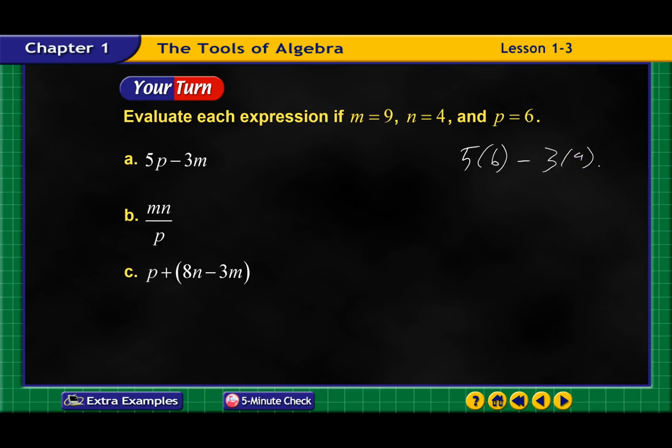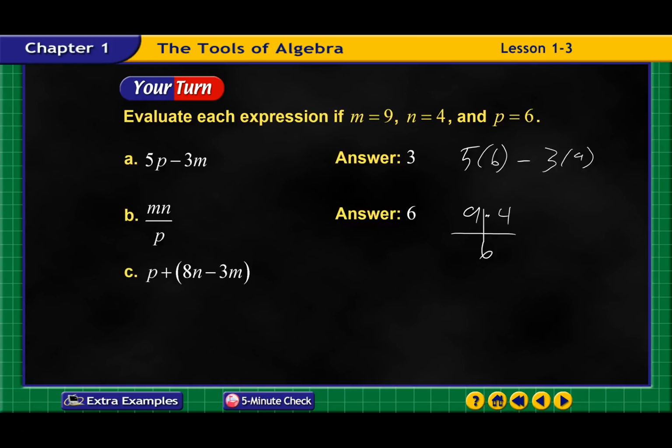That's how you set that up. Multiply, then subtract. Comes out to 3. We're going to set this one up down here. M is 9 times n is 4 over p is 6. Punch those in. It's going to come out to 6.